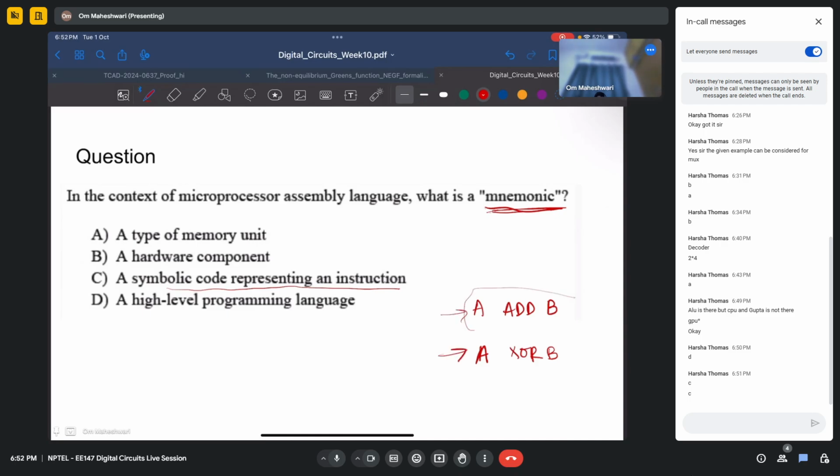Mnemonics are symbolic representations that we can understand, but the hardware will not understand. The hardware will need an assembler to translate these into a readable language. So it is option C.